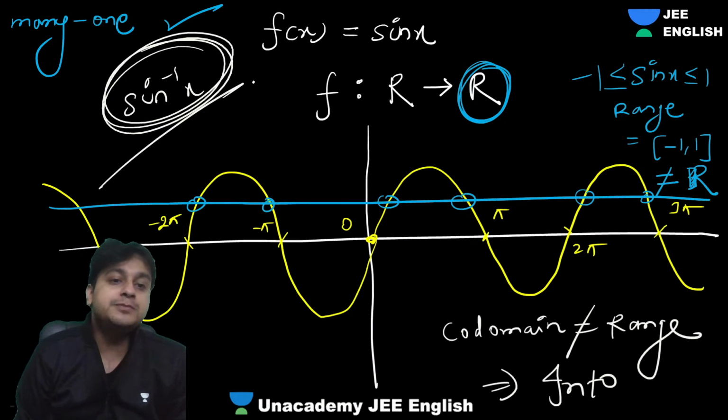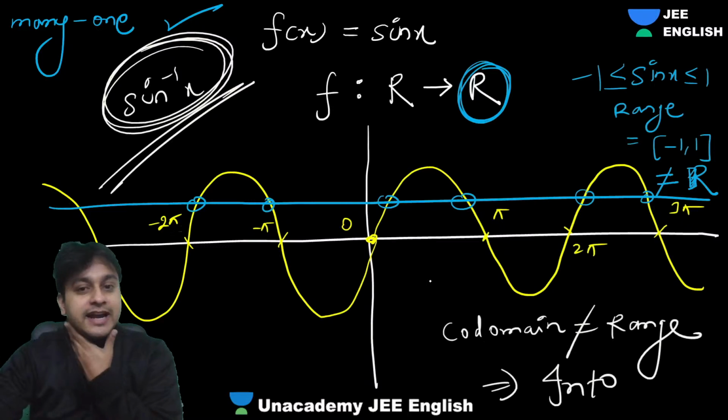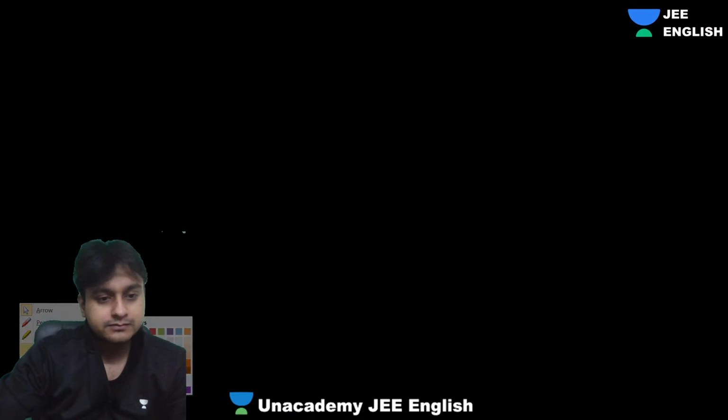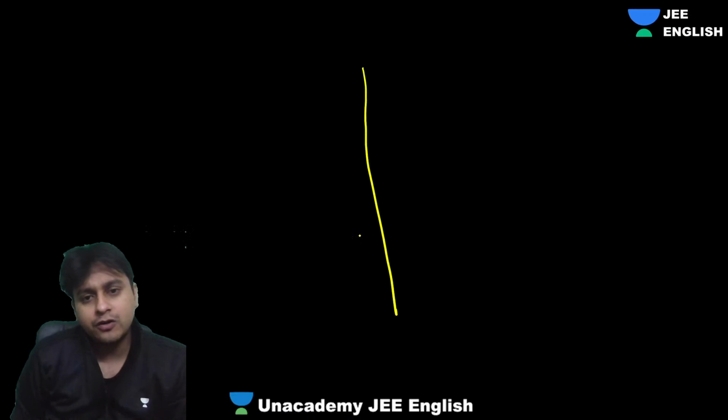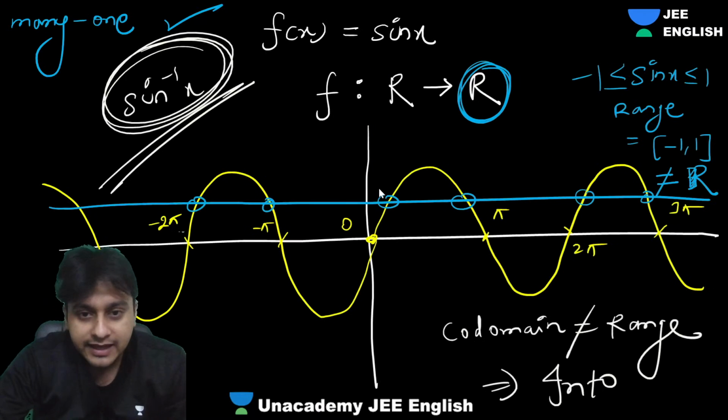So guys, when will this be possible? When the function is bijective, as I've already told you. So let's try to make it 1-1 and onto. How to make it 1-1 and onto? I just used a trick: if we draw a horizontal line, it should cut only once, right? So when can that be possible?